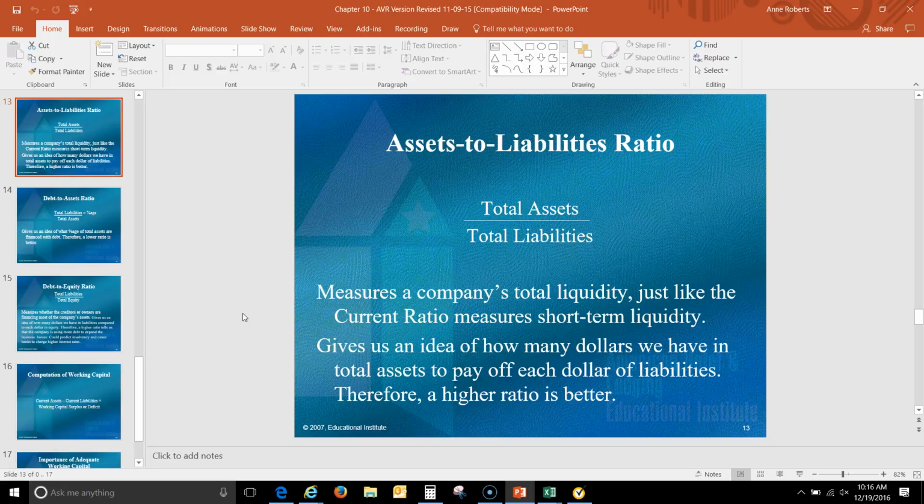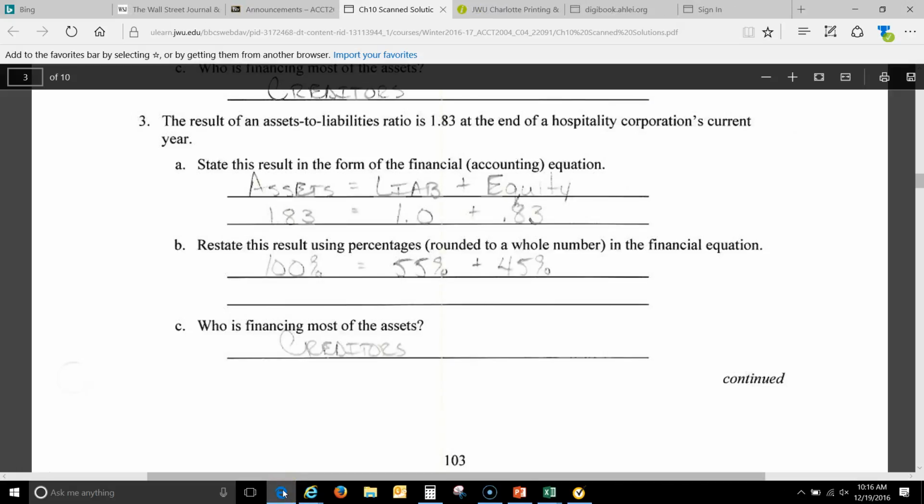Then if we convert those to percentages, we take the 1 in liabilities divided by the 1.83 in assets, and we get 55% in liabilities, which means equity should be 45%.